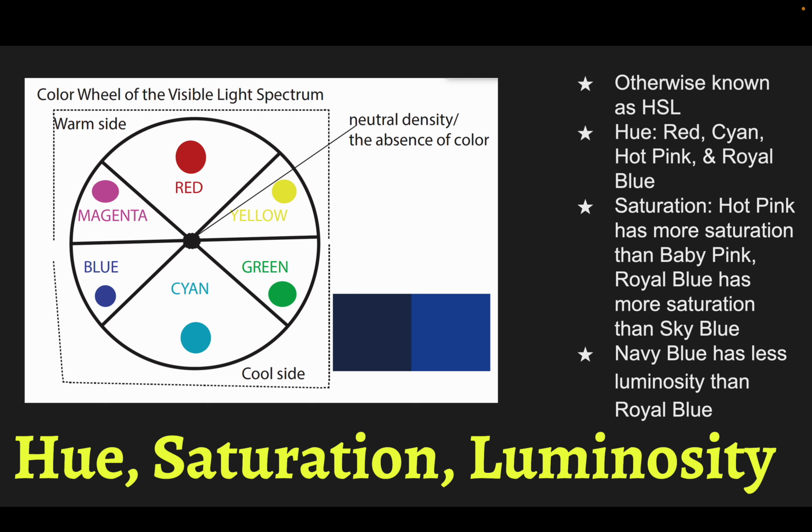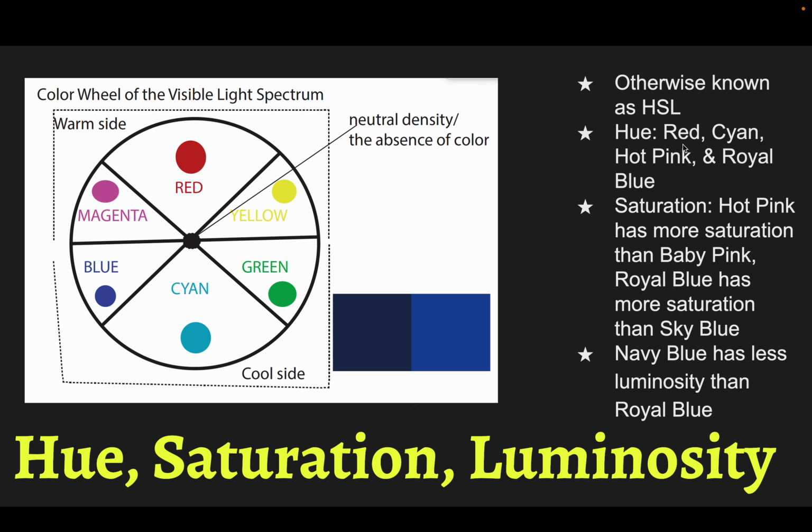Now going into hue, saturation, and luminosity. Here we have the color wheel. The color wheel is made out of red, magenta, blue, cyan, green, yellow, and black. In the middle here, hue, saturation, luminosity is otherwise known as HSL. Hue is like examples of red, cyan, hot pink, and royal blue.